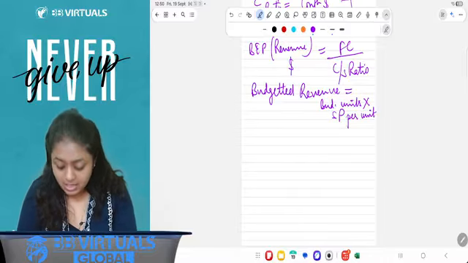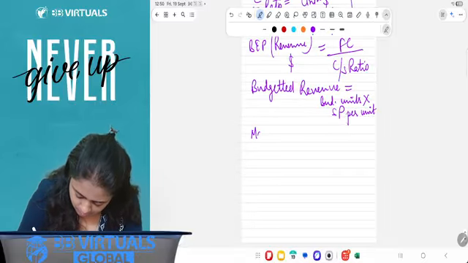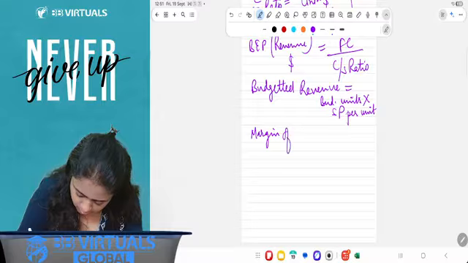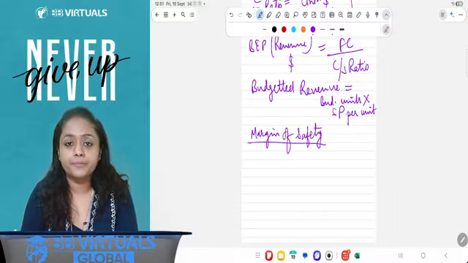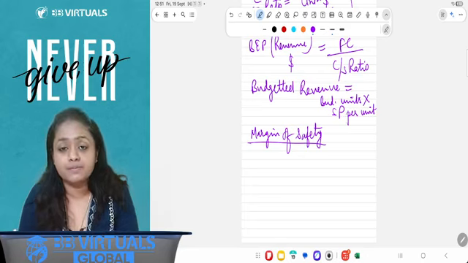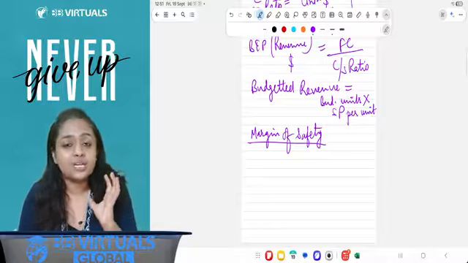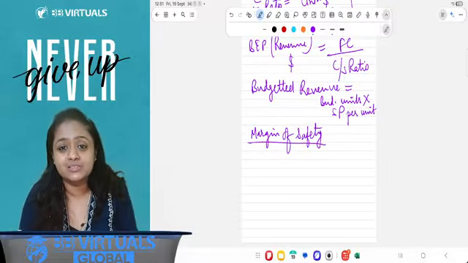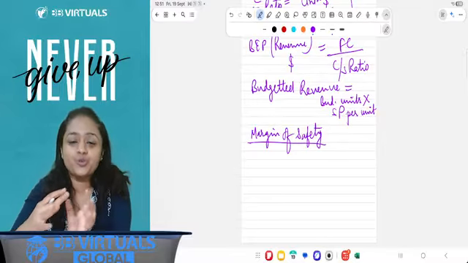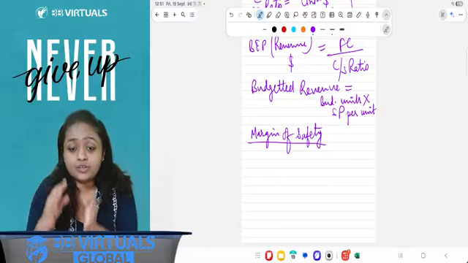We have got this. Now another formula that comes up is margin of safety. Margin of safety would mean the difference between budgeted sales and break-even sales. Why? Because that is your safer zone, right? Your margin of safety should never go below it.